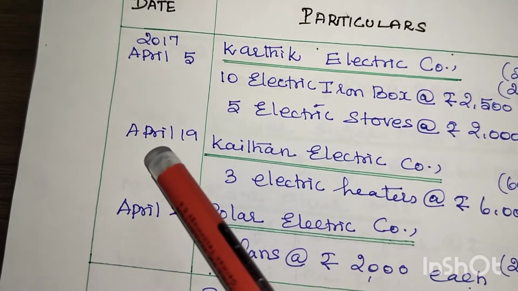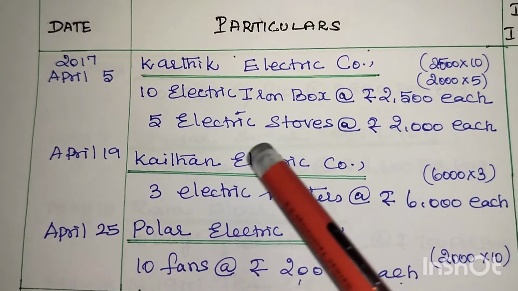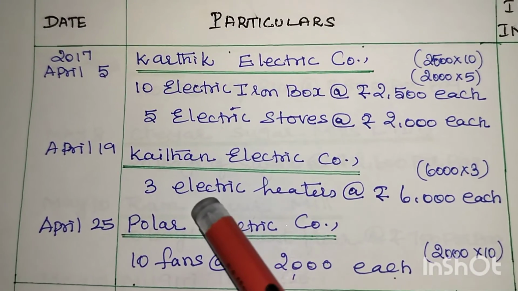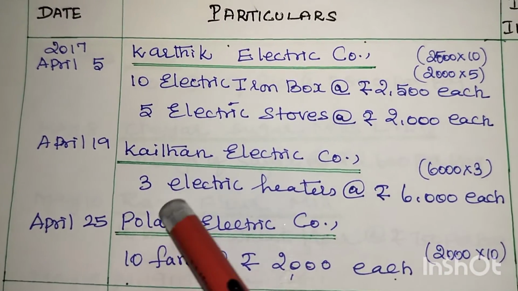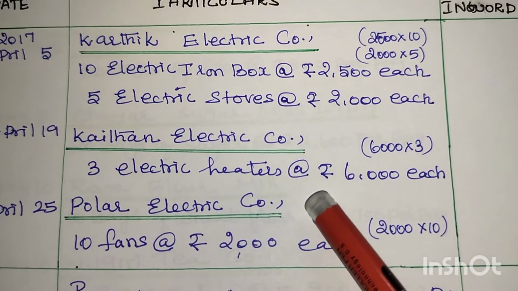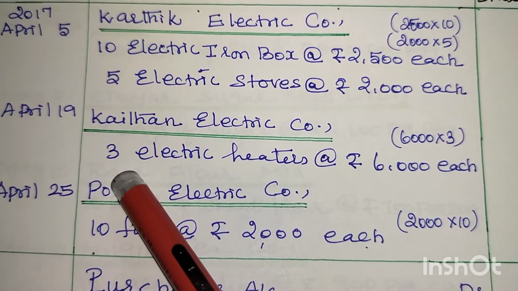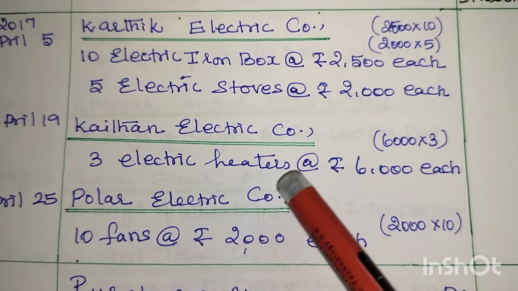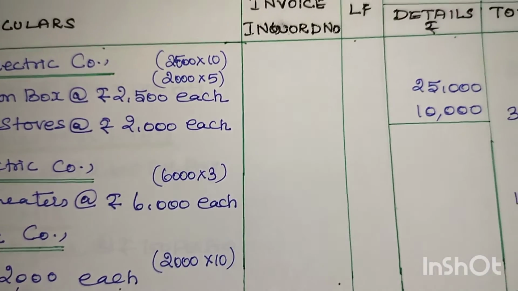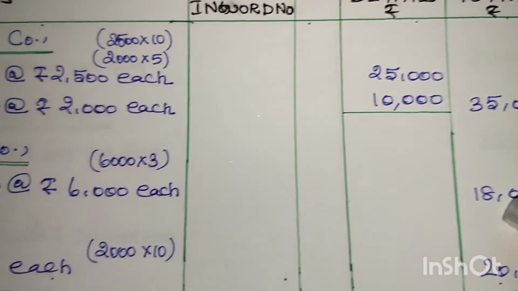So per electric heater the amount is 6,000. For 3 electric heaters, we multiply 6,000 into 3. We will get 18,000 rupees. So we enter 18,000 rupees directly in the total column.